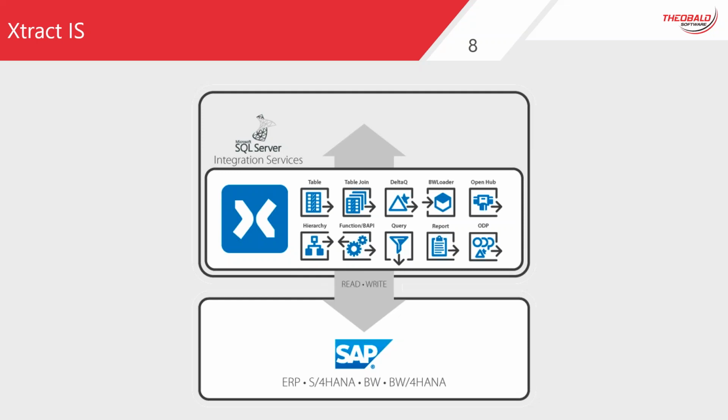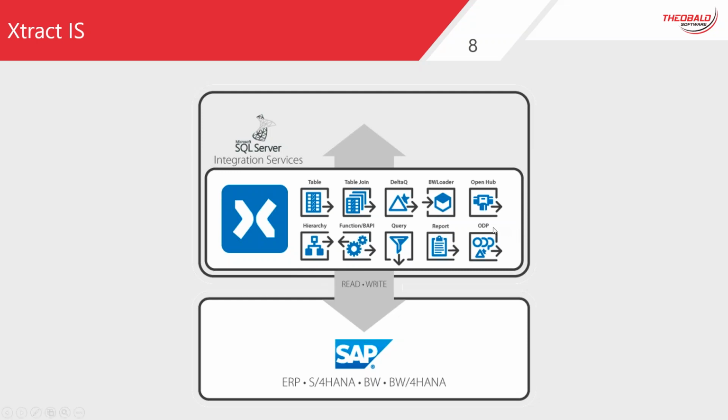These are components that can be used in general with the ERP systems. Some of them, like the ODP component, the DeltaQ component, and table joins, can also be used to extract data from BW. But in a BW system, you may have queries, as you know, or other InfoProviders, InfoCubes, and multidimensional InfoProviders in general that can be used to extract data.